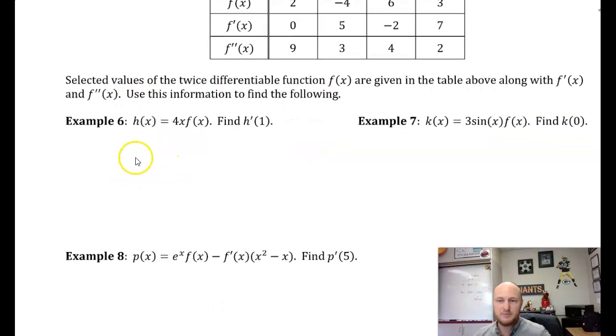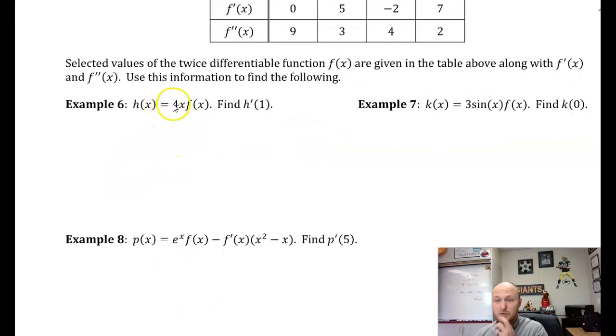They say, example 6, h of x is equal to 4x f of x, and we want to find h prime of 1. Okay, well, again, my first function here is x, or 4x, and then the second function is f of x.